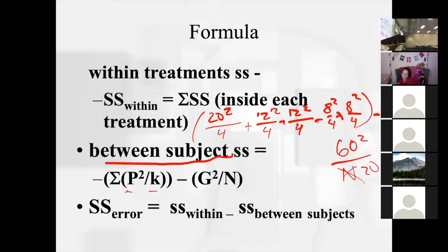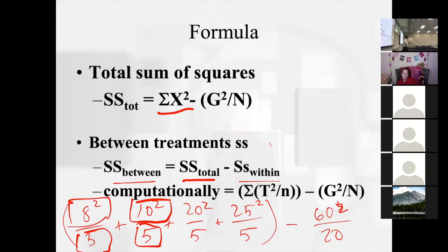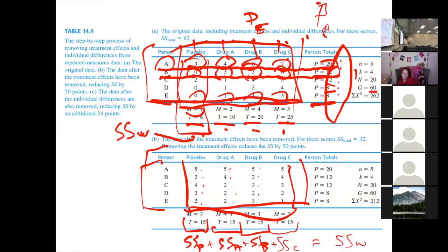What questions do we have about that? Could you go over the numbers again? Or you got the 20, 12, 8? Yeah. So those all came from these P, right? These row totals. So for participant A, I add up every one of these values and I get 20.